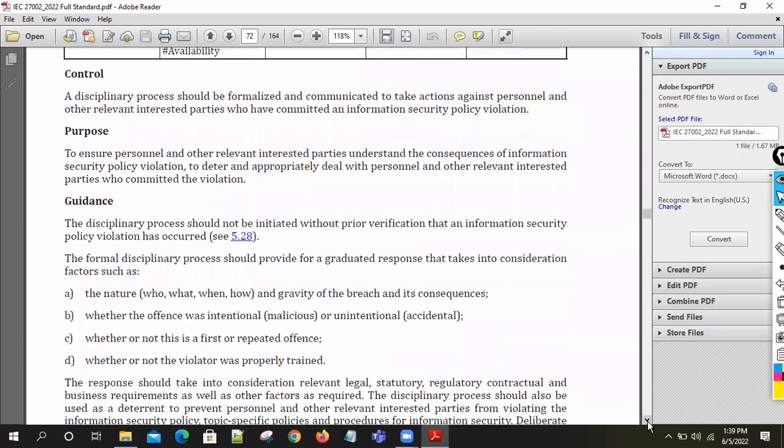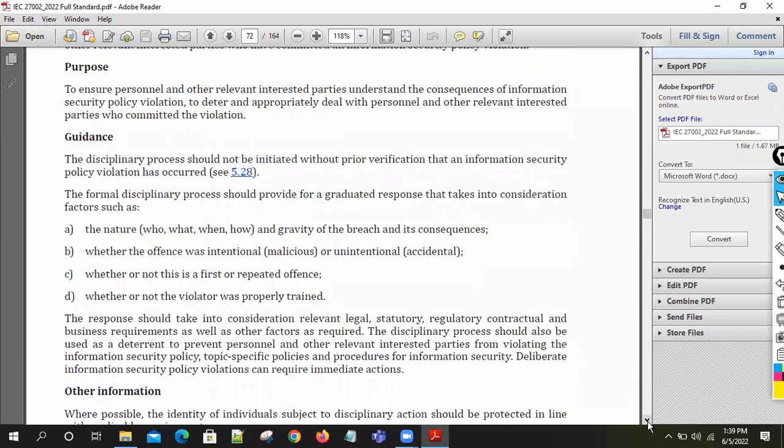In the disciplinary process, when a person is involved in any kind of data breach or violation of policies formed by the organization, then a disciplinary process may be initiated against the employee. We should have a proper, formal disciplinary process within the organization.